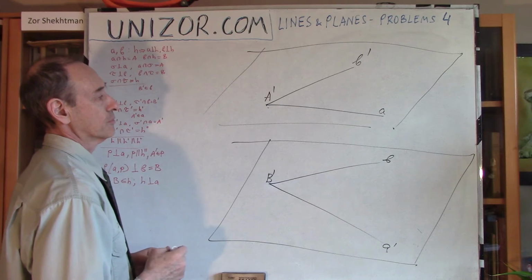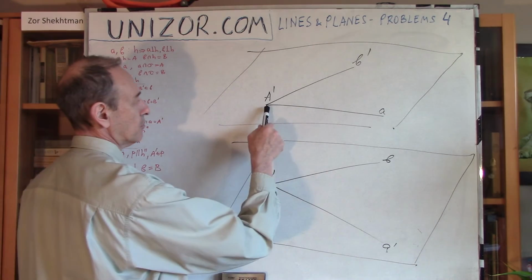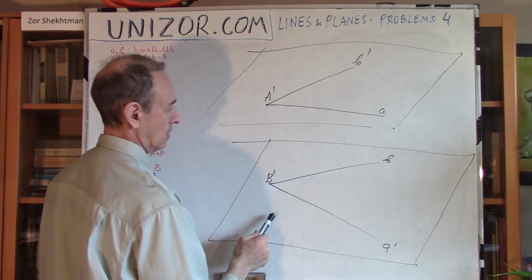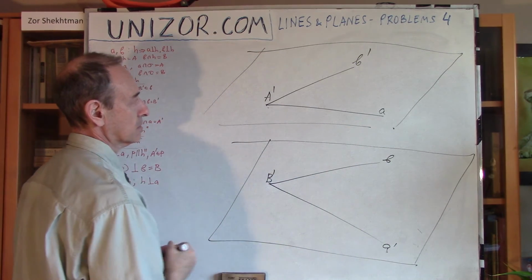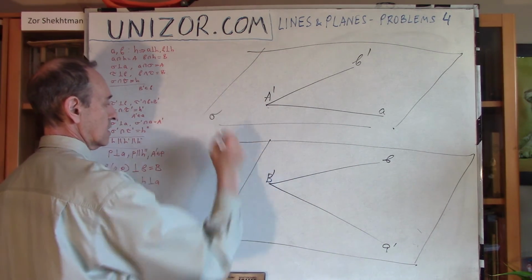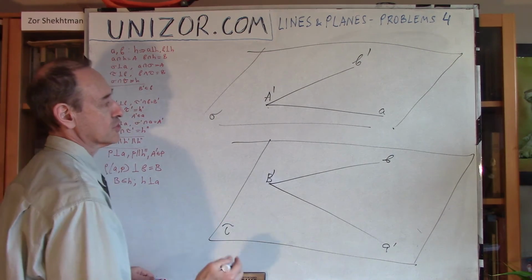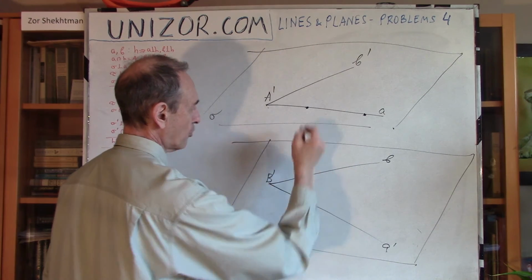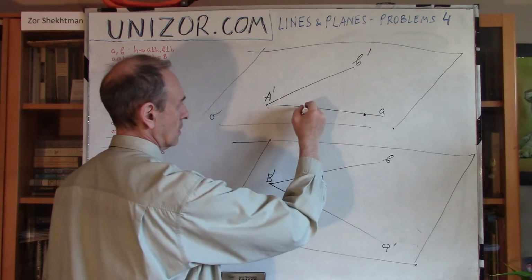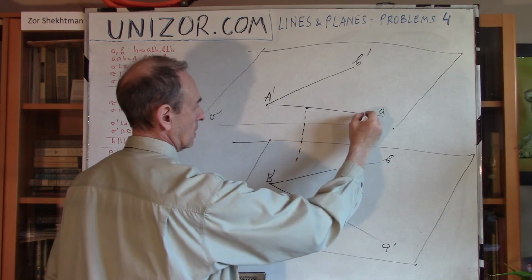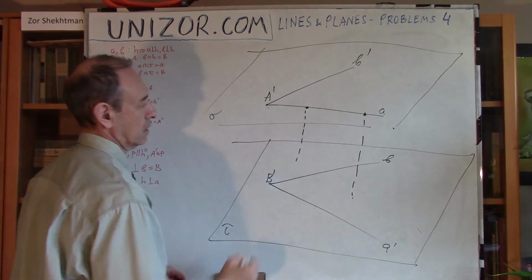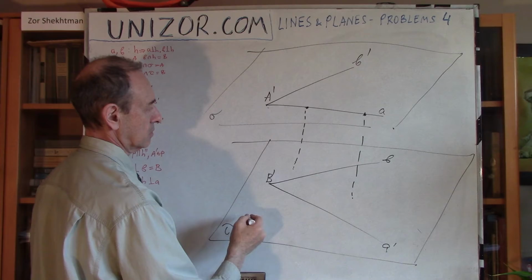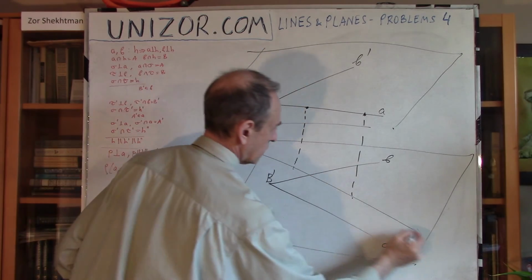Here is what you can do. You project this line A onto this plane; let's say this is sigma and this is tau. How to project? Take two points and drop two perpendiculars from these points onto the plane tau and connect them.